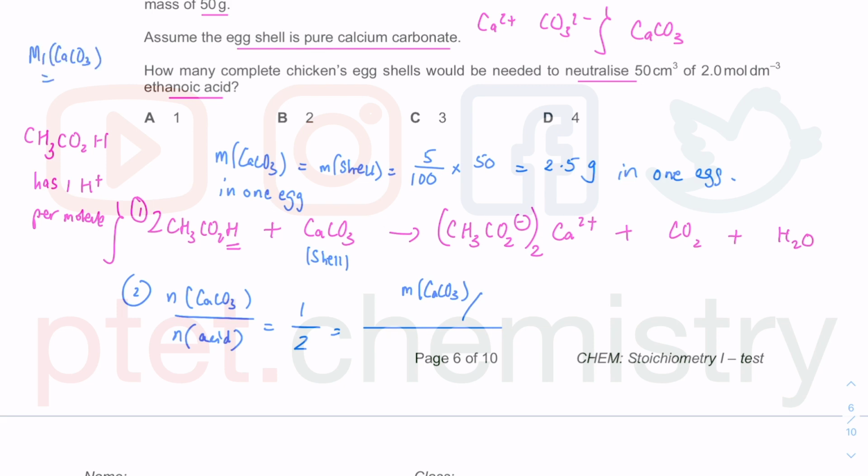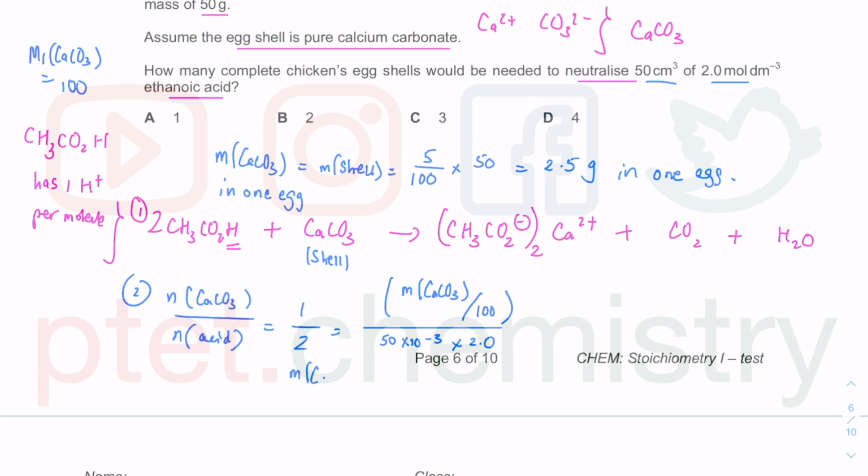So there's 40 times 1 plus 12 times 1 plus 16 times 3, you get 100. So mass over MR will be the mole of calcium carbonate that actually reacted, and you need this much acid, volume, and concentration. So 50 times 10 to the minus 3, because to convert the 50 cm cube to dm cube, only then you can multiply by the concentration in mole per dm cube.